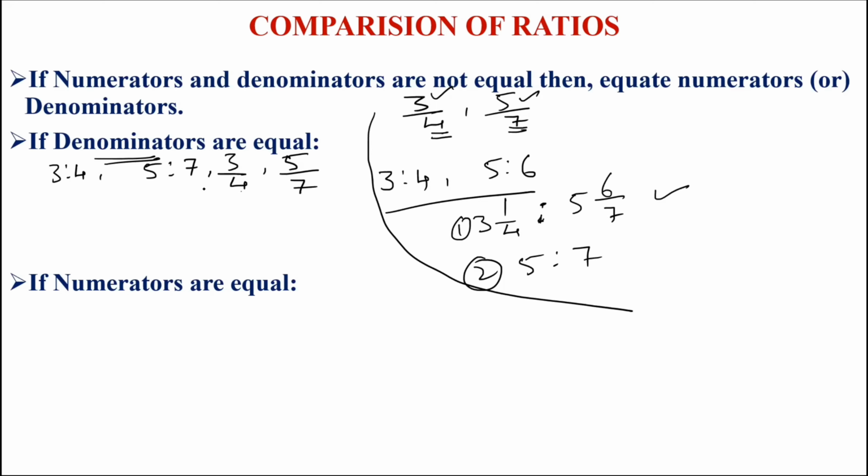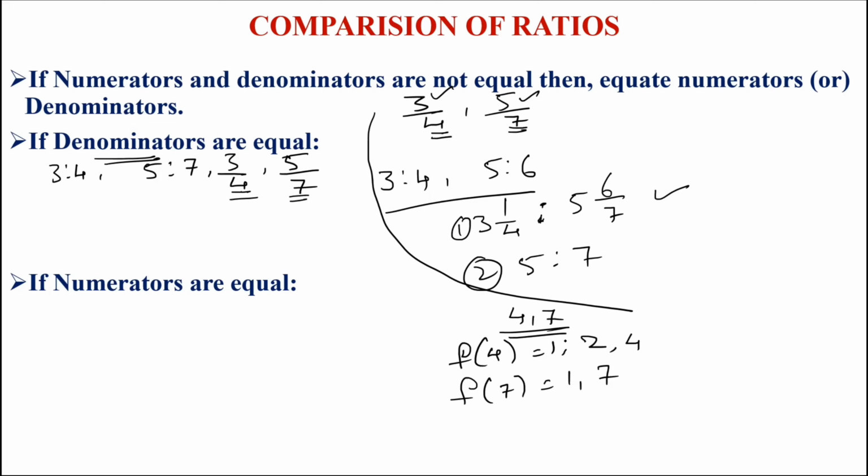4 and 7 are co-prime numbers, meaning the HCF, the highest common factor, is 1. What are the factors of 4? 1 and 2 divide 4. And the factors of 7 are 1 and 7.